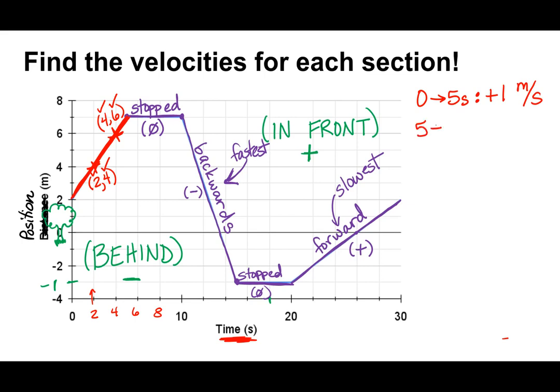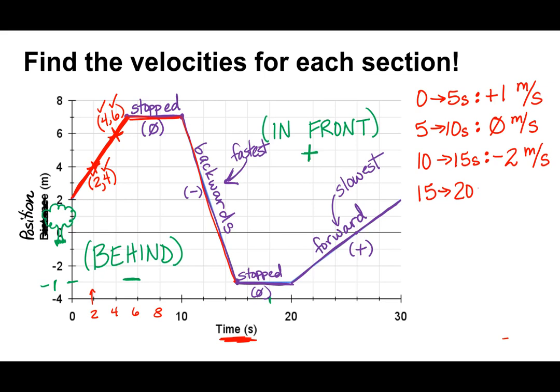From 5 to 10 seconds, which is this section right here, we are stopped, and so it is 0 meters per second. From 10 to 15 seconds, that is our backwards motion, is negative 2 meters per second. 15 to 20 seconds, we are stopped again, 0.